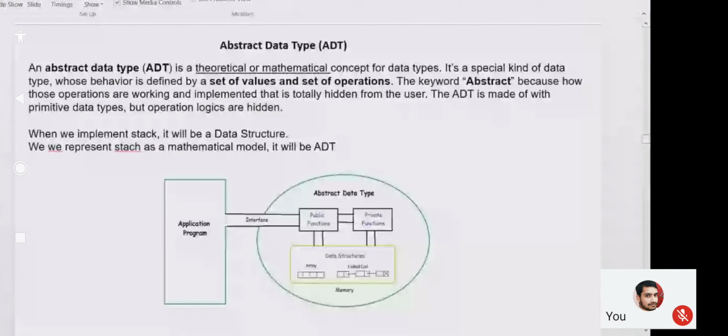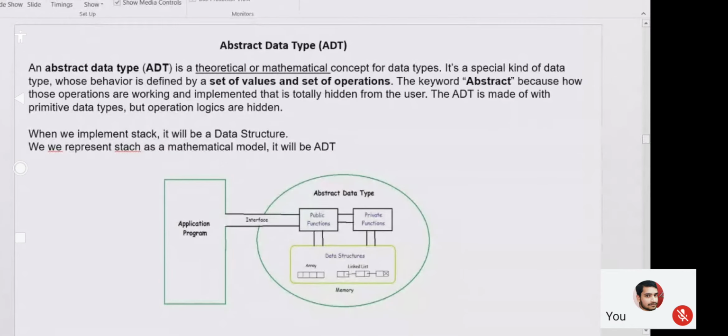Because here we are analyzing the problem P theoretically. After that, whenever we implement the problem P, at that time we will think how we can implement stack, how we can implement tree, how we can implement queue.